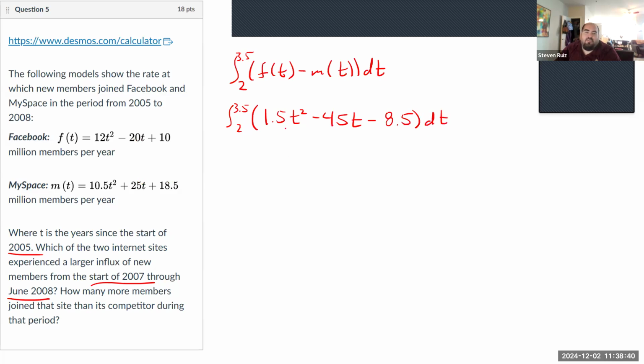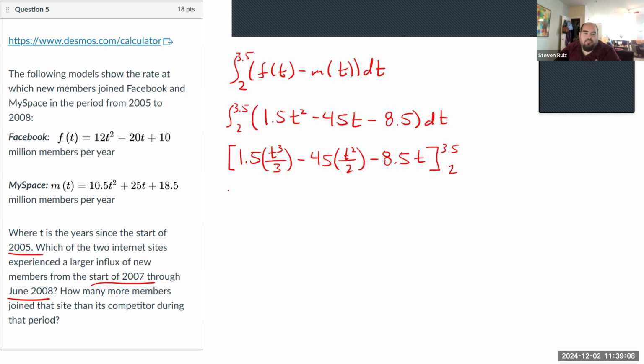So now we can use the power rule. So 1.5 times t cubed over 3 minus 45 times t squared over 2 minus 8.5t. And I'm going to evaluate that from 2 to 3.5.